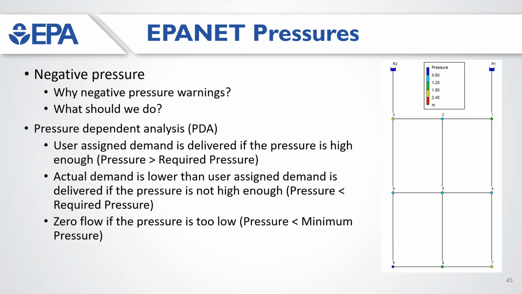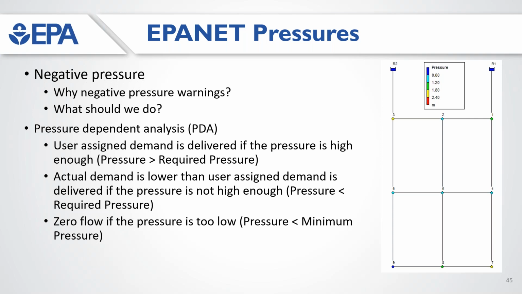Because the assigned demand cannot be provided without negative pressure. So the simulation engine finds the negative pressure so that the head is high enough to provide the demand, but it's not physical. So in EPANET 2.2, pressure-dependent analysis is introduced.